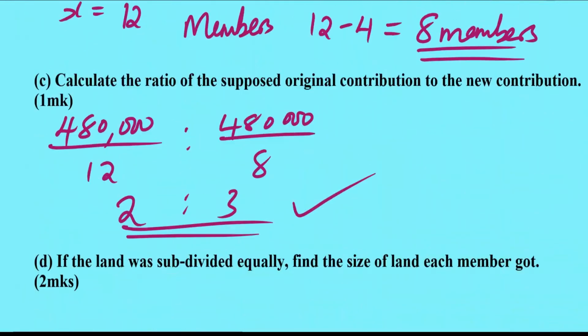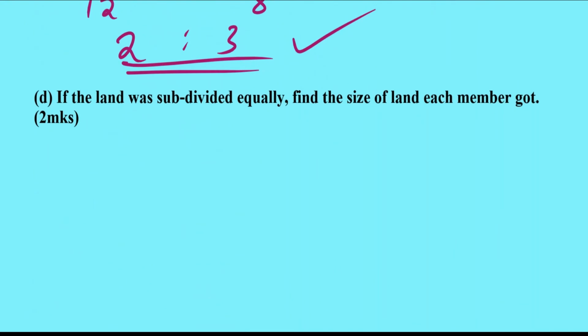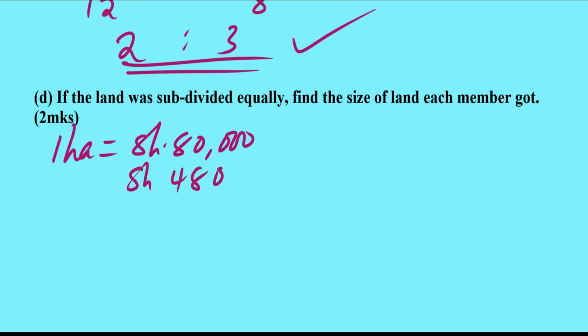So if 1 hectare was costing 80,000, and the amount that they had was 480,000.